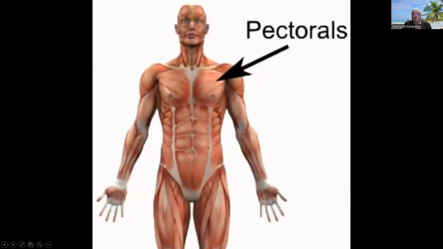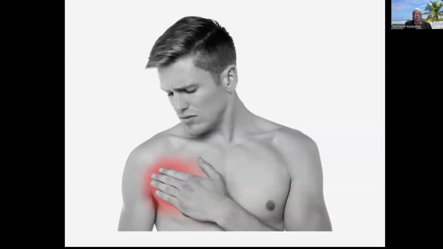The main muscle of the chest is called the pectoral muscle, on both sides. When we see wrestlers and bodybuilders, they very proudly show off their pectoral muscles along with the other muscles. Now, pain in the muscles covering the chest, especially the pectorals, is very, very common.